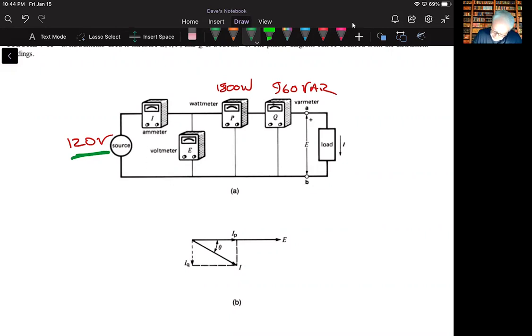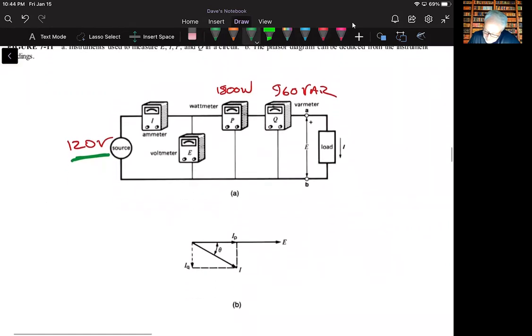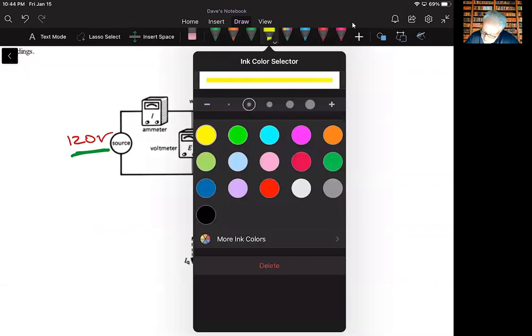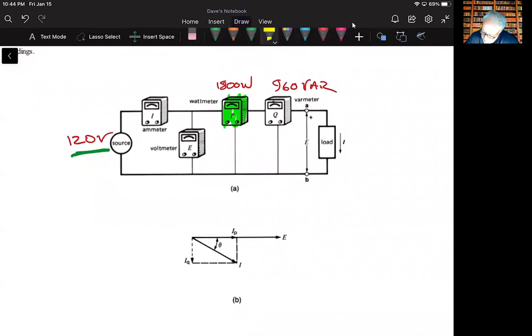From this connection, and this goes back to figure 7.11 that we looked at earlier, the power meter was reading 1800 watts, and the VAR meter was reading 960 VAR.